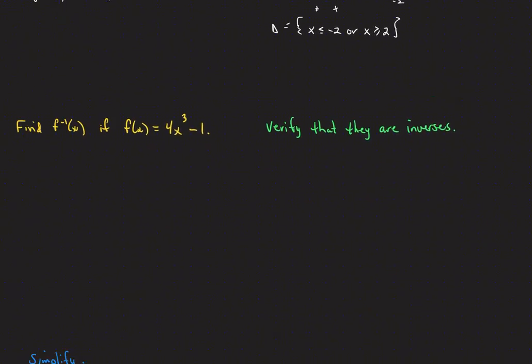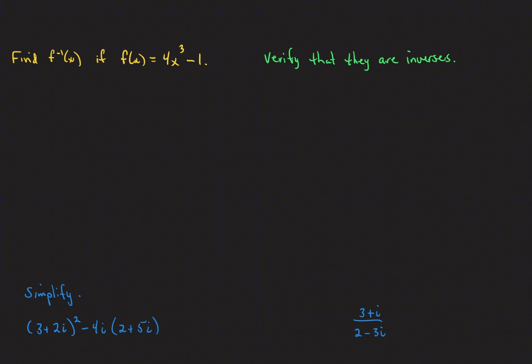All right, let's see if we can first find the inverse of f of x equals 4x cubed minus 1. So we're thinking of that as y equals 4x cubed minus 1.